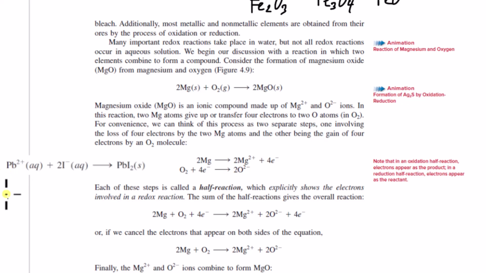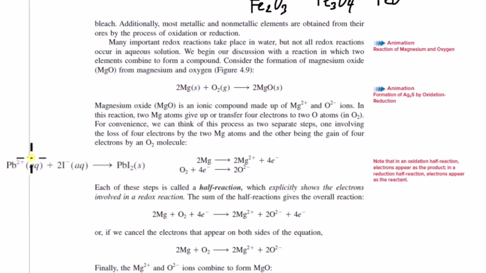The net result is that you've got Pb2+ ions in solution and iodide ions in solution, and those interact to precipitate out and form the ionic compound solid lead(II) iodide. If we analyze the reactants, we have Pb2+ and I-, but in the products, lead(II) iodide is just a bonding of Pb2+ and I- ions. And so we can see there's been no transfer of electrons in this reaction.